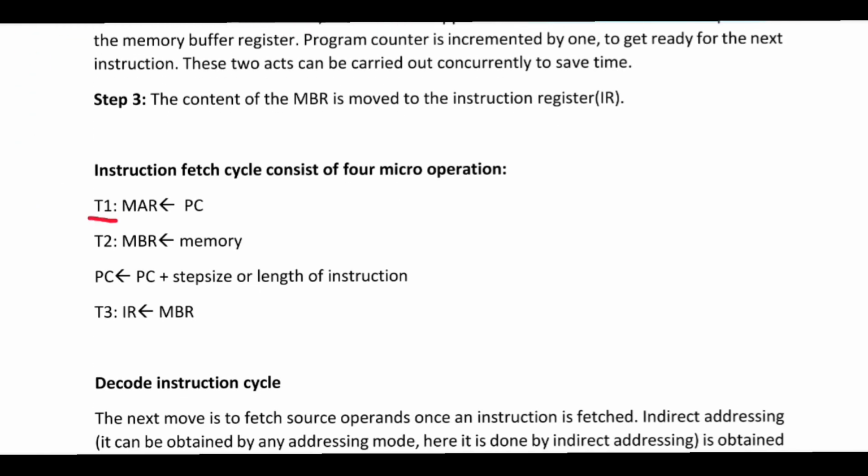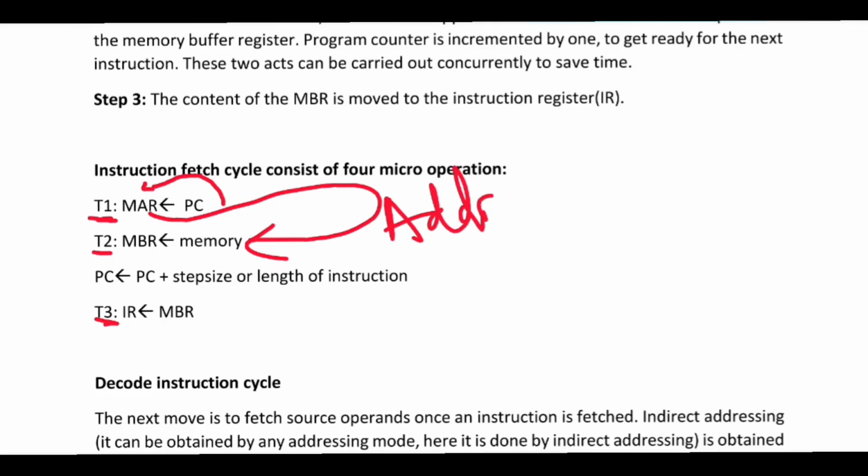These all are time cycles. Okay, let's make it clear. In time T1, the program counter's address is loaded to the memory address register, then from the memory address register through the address bus we go to memory, then from memory through the data bus we store our data in the memory buffer register.